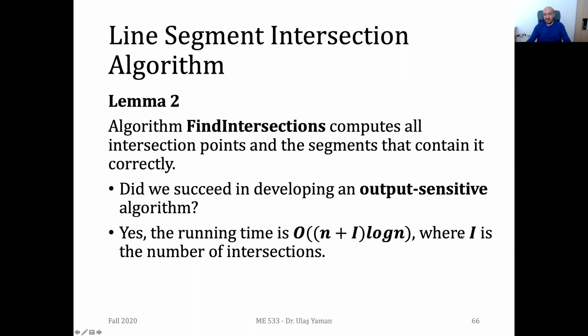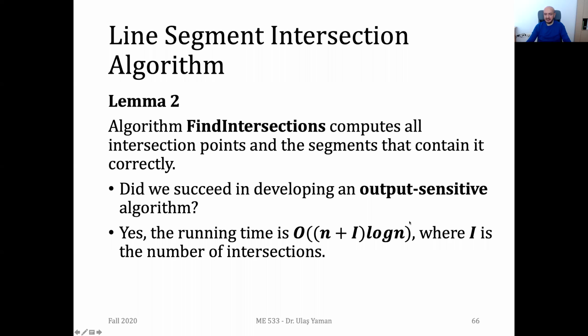But if you have too many intersection points, if all the lines are intersecting with most of the segments on the plane, then we will be close to quadratic in time. But in reality, that's not the case. Only a few lines intersect with few of them. So we can say that this I value is not too much, it's lower than n, and depending on the case, we may simply ignore it.